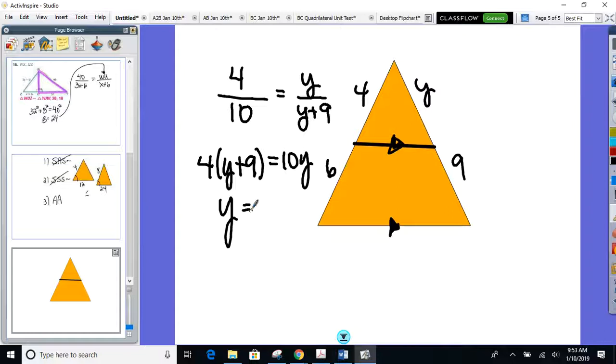Thank you, Fiona. 6. Nice job. No issues there? Algebra's not too bad, right? Until you get here, and then you just started hating things.